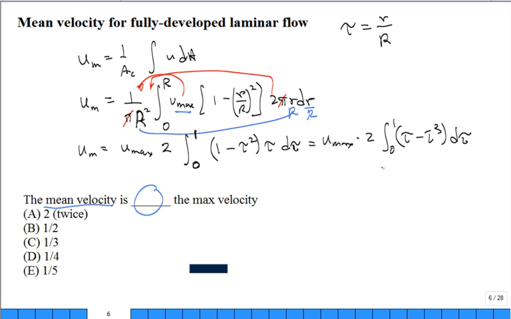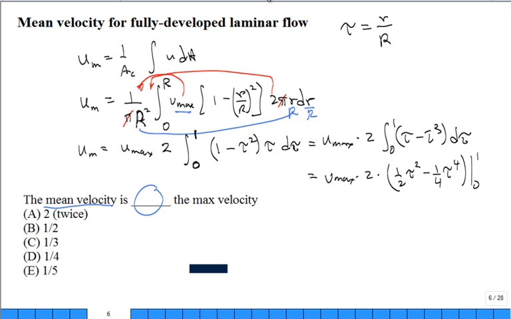Okay, so it's equal to, well, just leave u max here. U max times 2 times the integral of tau d tau, 1/2 tau squared, minus the integral of tau cubed, evaluated as tau goes from 0 to 1.